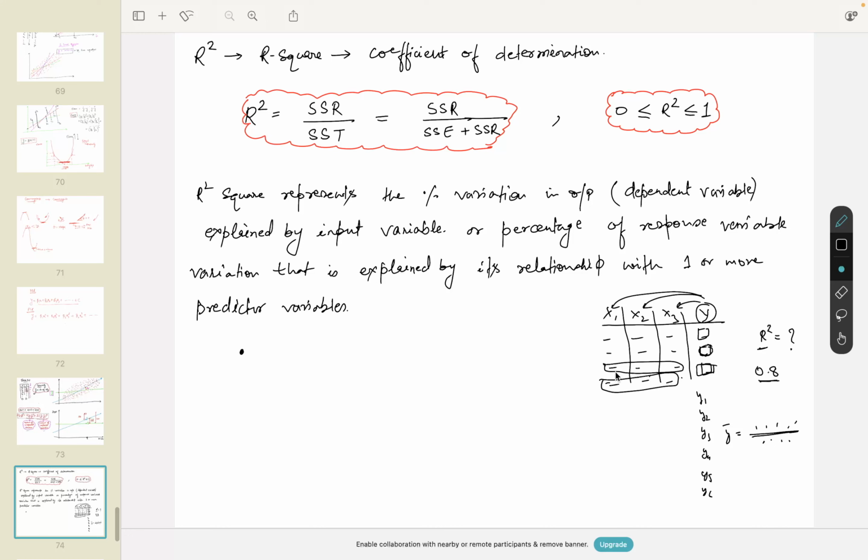Then only you can find the pattern. For example, sometimes the values of x1, x2, x3 will be different, so the y value will also be different. Sometimes x2, x1, x3 again will be different, then the y will too, that's why you have the variations. If you don't have variation, means for each and every different value of x1, x2 and x3 you have the same y, then only you won't have any variation, right?